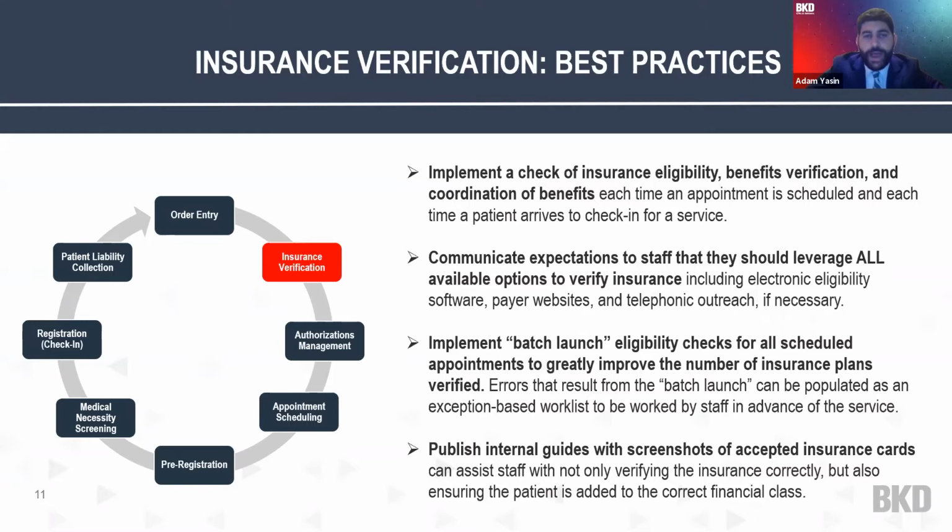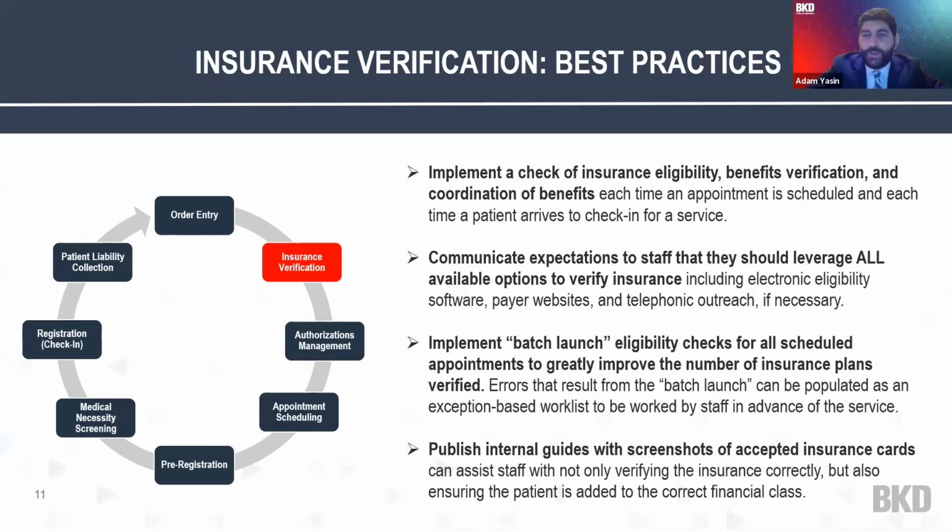available. Item 3 here is really referring to batch launch eligibility. And what that is, is just an electronic file that many health systems will send of scheduled encounters in the future to payers, usually done in a night job overnight. And this is really just an en masse way of verifying insurance.